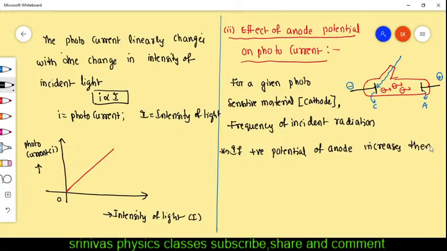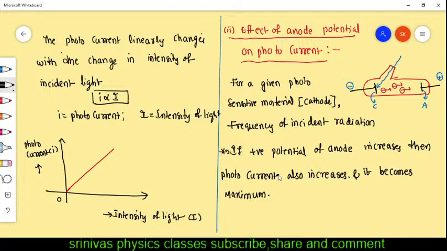The photocurrent also increases and becomes maximum. Why does it increase to a maximum? It becomes maximum, and after that it remains constant.